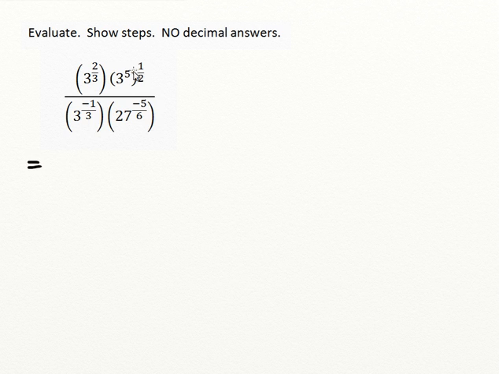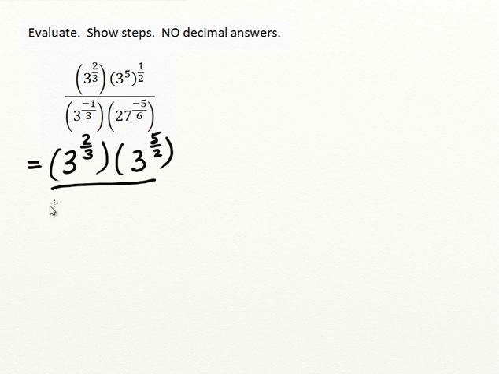So I'm just going to quickly rewrite this, and as I do that, I'm also going to clean up the top a little bit. So I've got the base 3 to the exponent 2/3. And then that is multiplied by 3 to the exponent 5 raised to the exponent 1/2. I'm just going to go ahead and combine those exponents into 5/2.